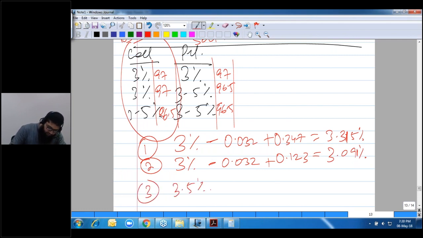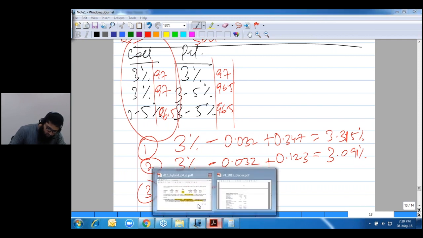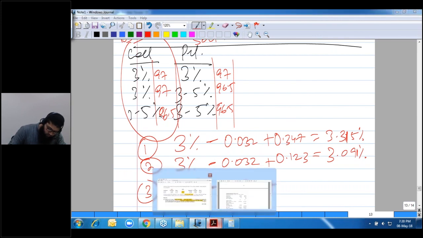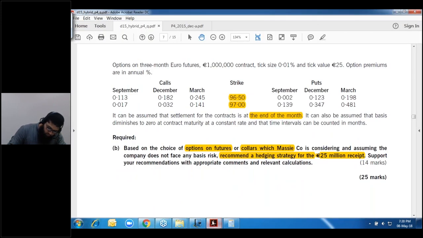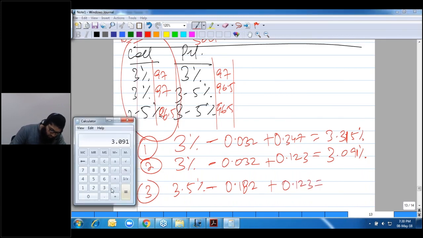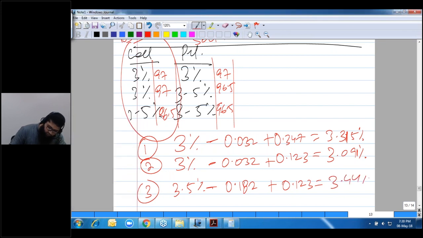And the third one is 3.5 and 3.5. So it's 3.5% minus 0.182% plus 0.123, which gives 3.441%.